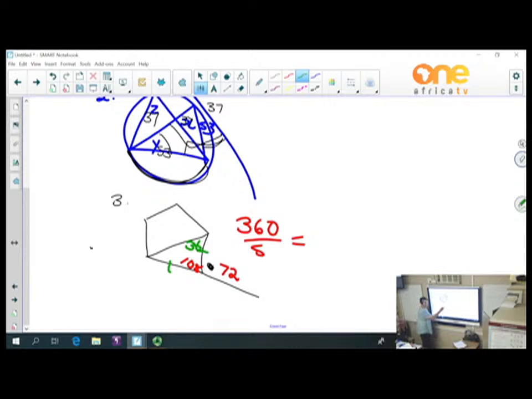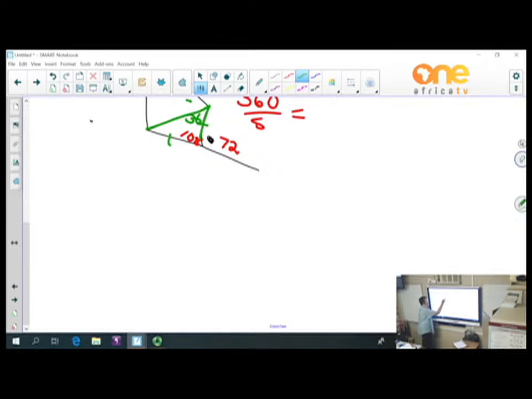So this one that looks like 90 degrees will be 108 minus 36, so it's not 90 degrees there. It will be 108 minus 36, which is also 72. We said this is an isosceles triangle because it's a regular pentagon. So 180 minus 108 divided by 2. That's how you get that one.